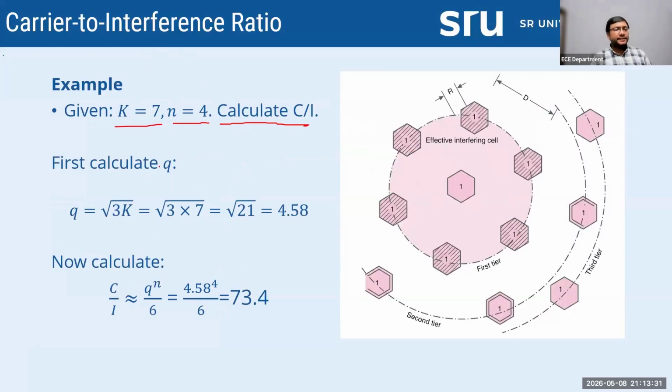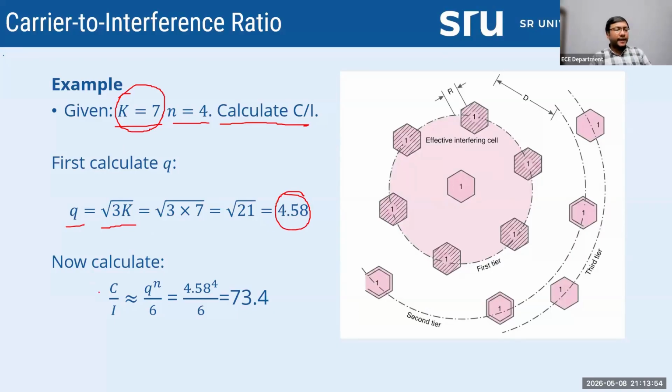In this case, the first duty is to calculate Q. We know that Q is equal to root over 3K. Now, as in this problem, it is given K is equal to 7. So the value of Q should be root over 3 into 7, or root 21, that is 4.58.